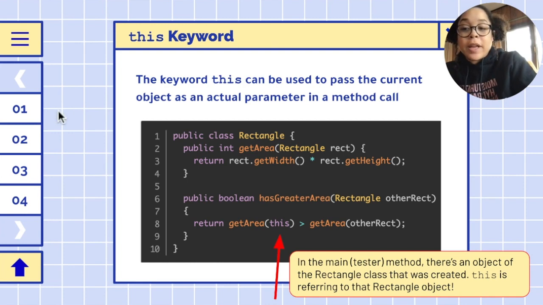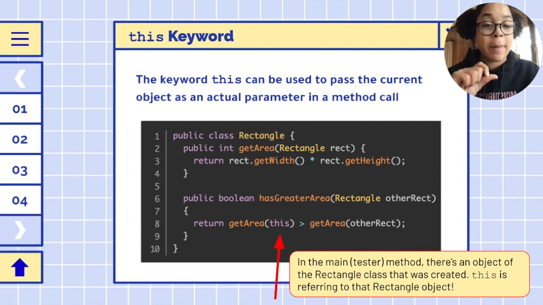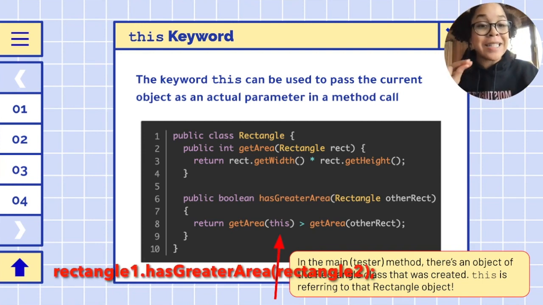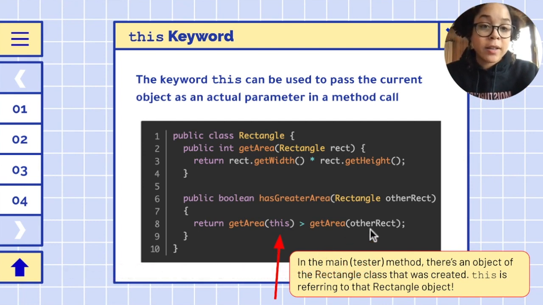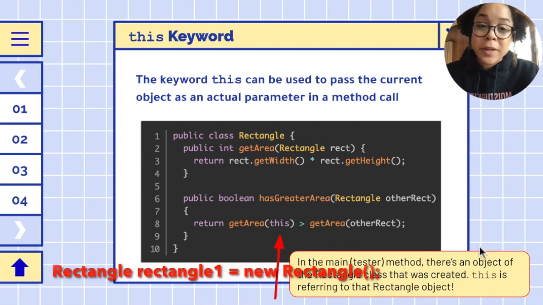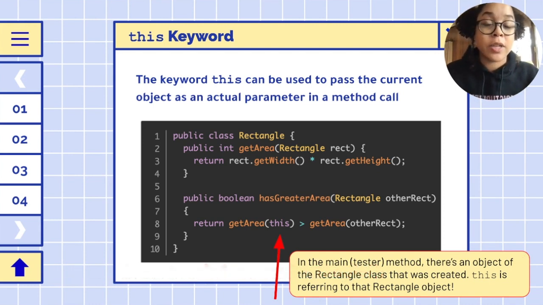For example, if you had a rectangle object in your main method and you called it rectangle1, when you call this hasGreaterArea method, you would write rectangle1 dot hasGreaterArea. But you'd have to put something in the parentheses. So you have another rectangle object called rectangle2.